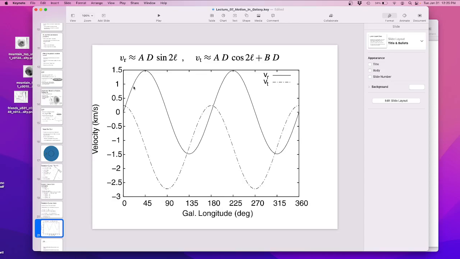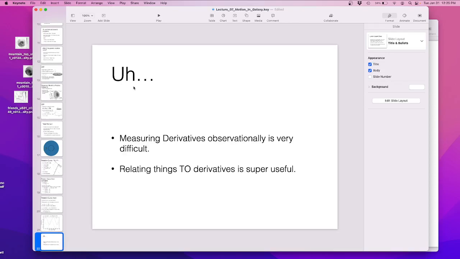When I'm looking that way, everything's coming at me. So you can see we've got this circular behavior to what you perceive as the radial velocity. Measuring derivatives is very difficult. This is the upshot. What we want to measure is a derivative. Measuring distances is hard in the first place. We need to get the derivative out of it. So this relates things to the derivative.